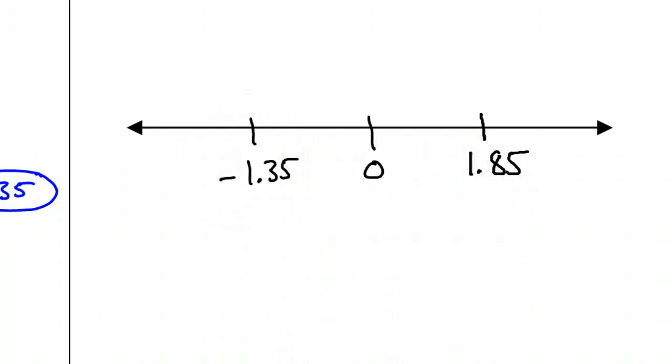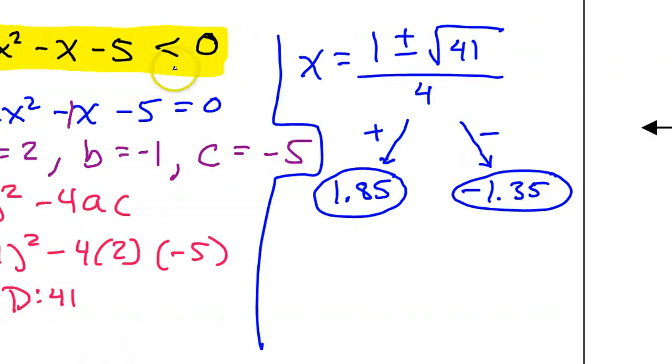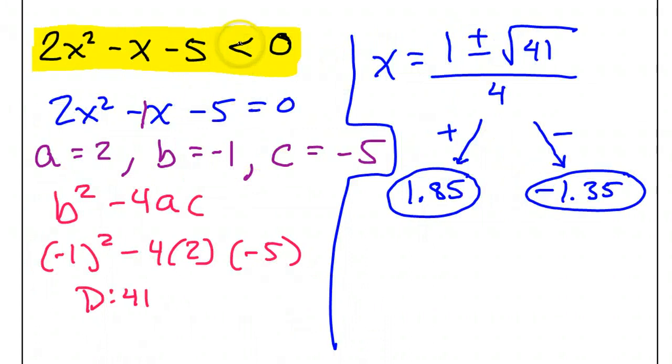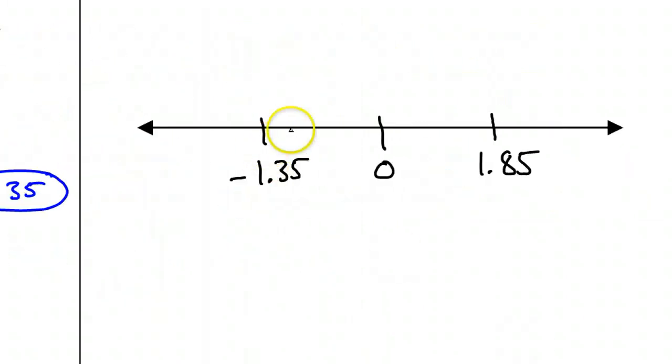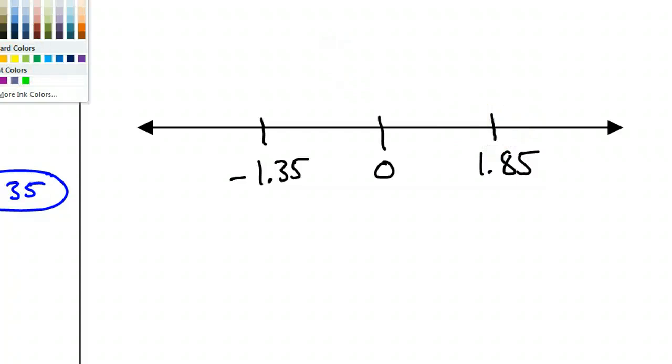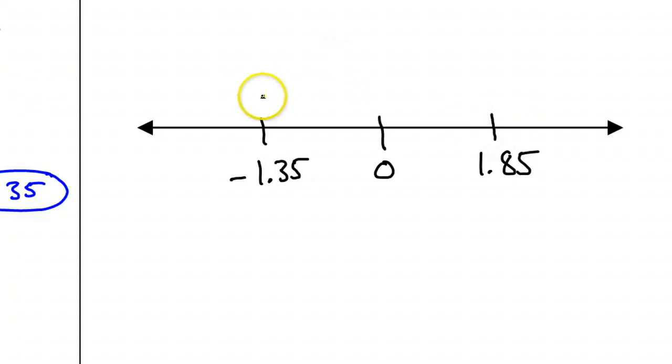I'm going to graph these using open circles because we just want the part of the function that's less than 0. So we don't want to include the equal to 0 part, and that's what these zeros represent. So we will leave these out by making them open circles.